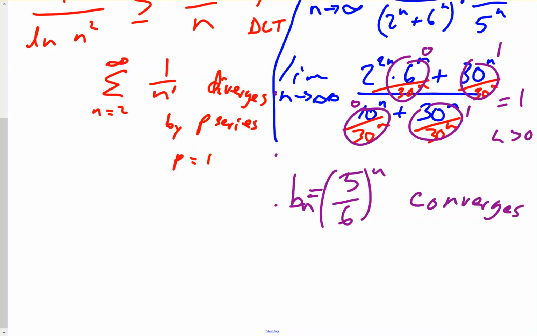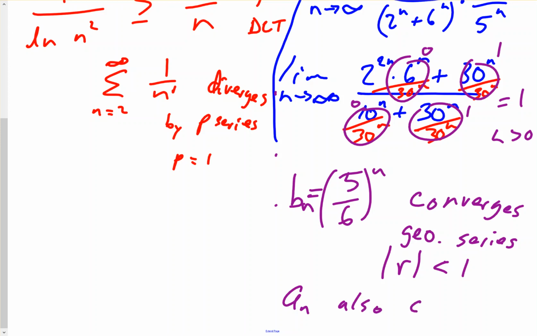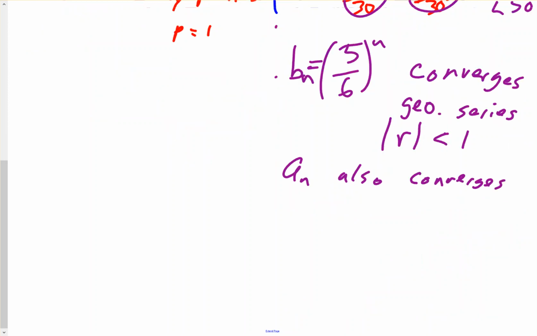It's a geometric series where the absolute value of the common ratio is less than 1, and 5/6 is definitely less than 1. So because Bn converges, An also converges by the limit comparison test.